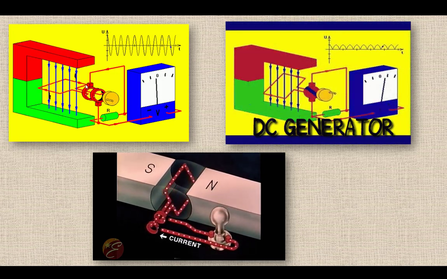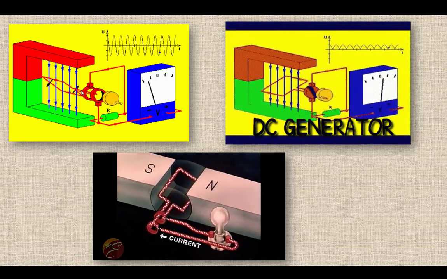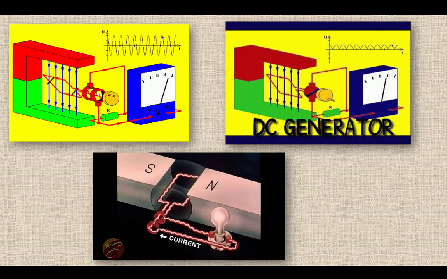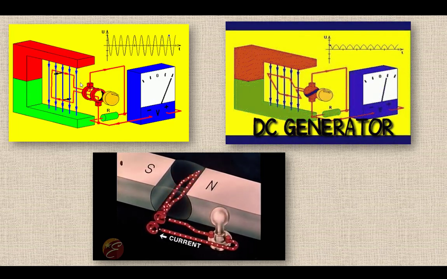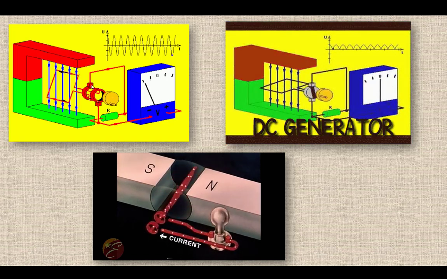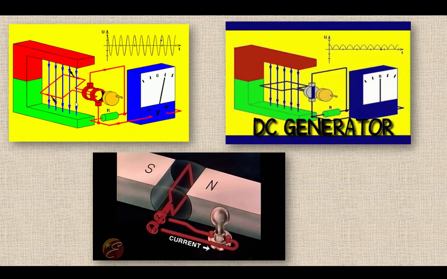In this particular design here, I have two rings. One ring is attached to one side of this winding, and the other ring is attached to the other side of the winding. And as the winding rotates, these brushes are collecting the current that's being caused by the induced voltage.